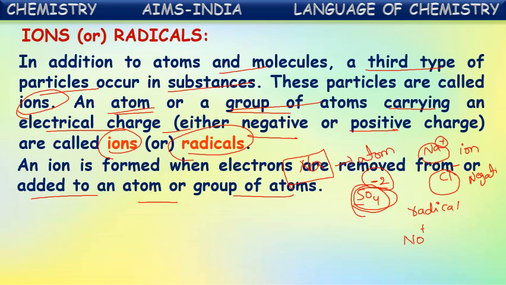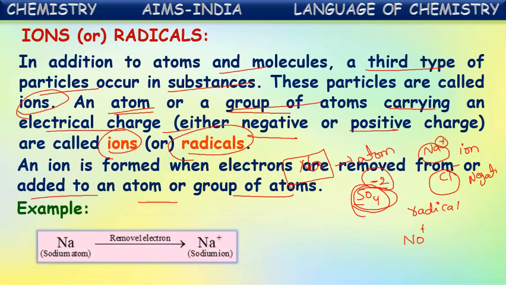Here I gave a plus charge for sodium and minus for chlorine. That depends upon the loss or gain of electrons. Loss of electrons we can say as removing of electrons. Gain of electrons means electrons are added to an atom or group of atoms. Depending on that, it gets a positive or negative charge.